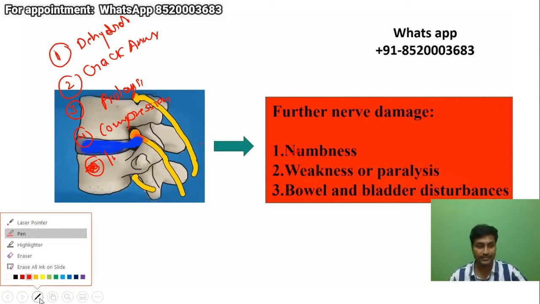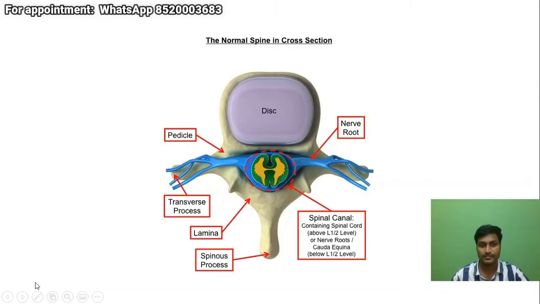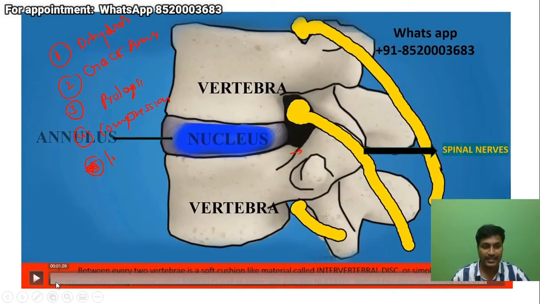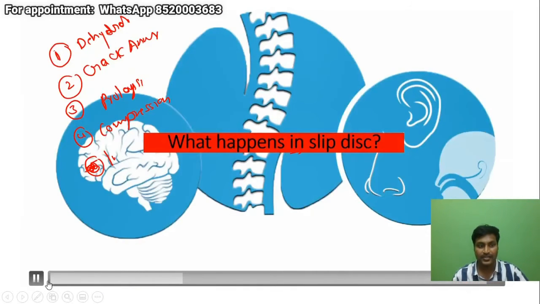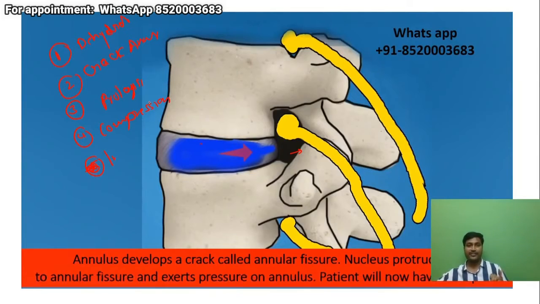We'll go back again. Yeah, let's play this video again because there was some confusion. So identify the 4 steps. First step, dehydration, which I have not shown you in this picture, but I have explained before. Second step is cracking of the annulus. This is the cracked annulus.